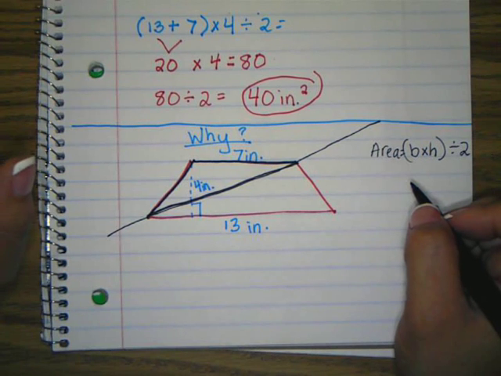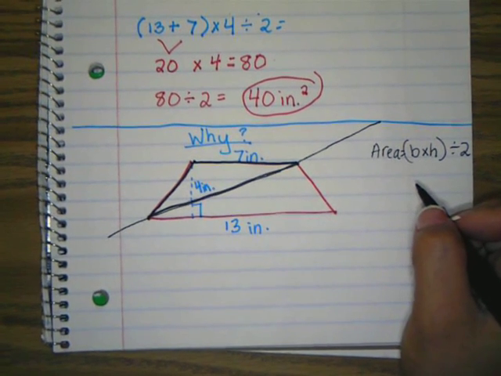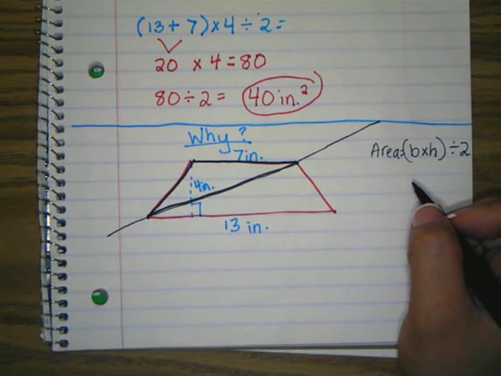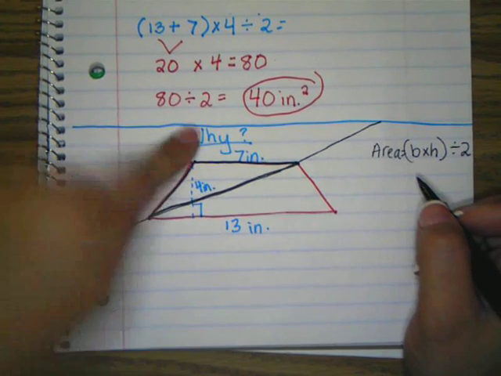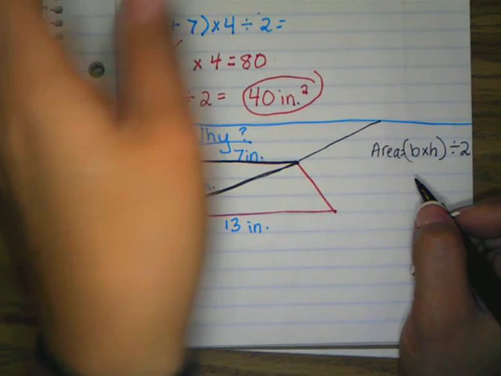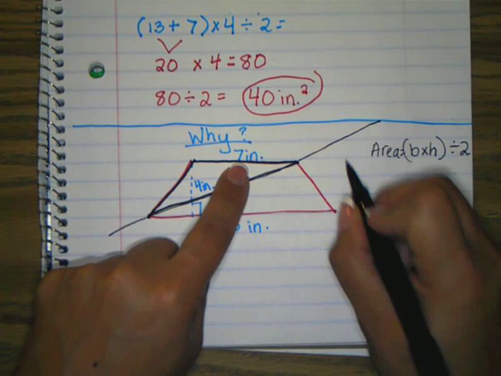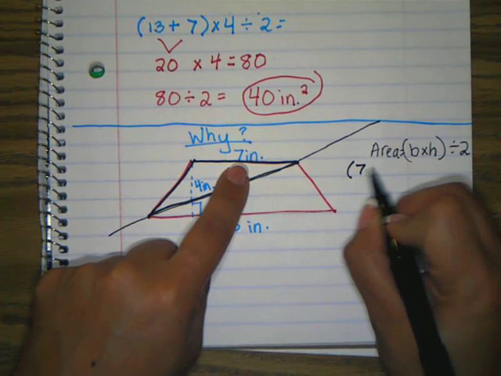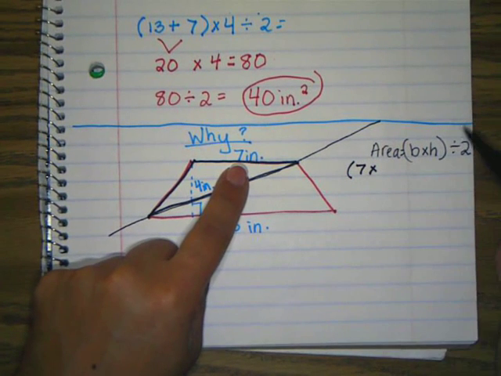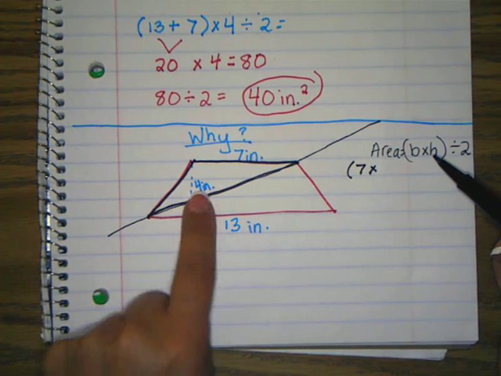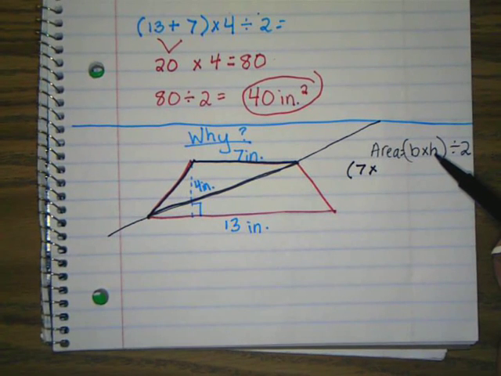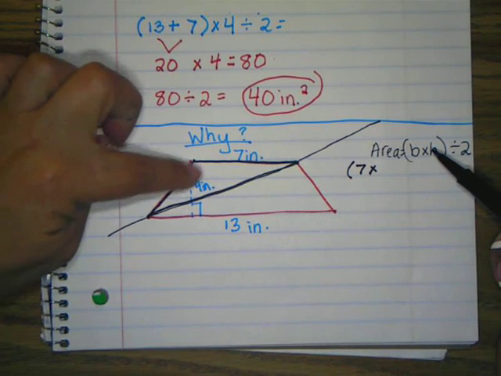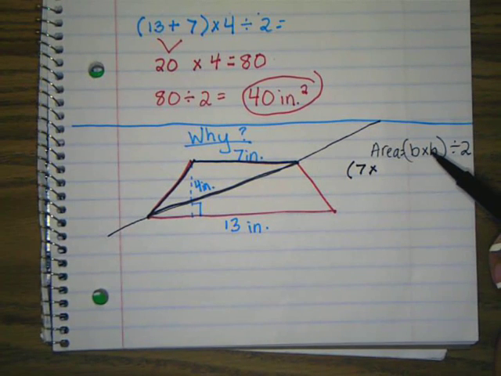Sophie? 7. So this triangle is kind of upside down, isn't it? Mm-hmm. So my base would be 7. What is my height of this first triangle? Elizabeth? 4. It is still 4, because that's how high it would be. Right? Yes. Okay.